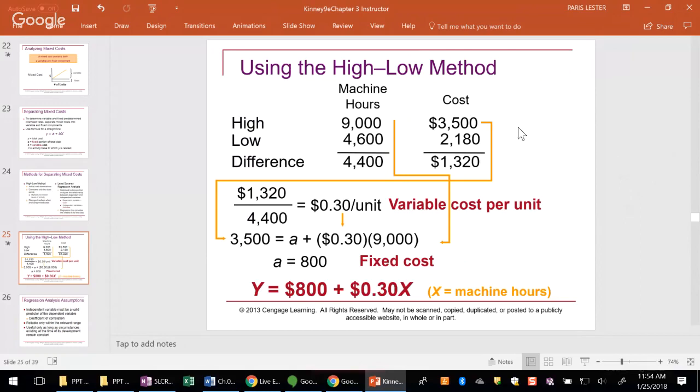800. Yeah. All right. Now multiply 4,600 times 30 cents. I'm sorry. Take 4,600 times 30 cents. I don't know what I told you. 1,380. That doesn't make sense.